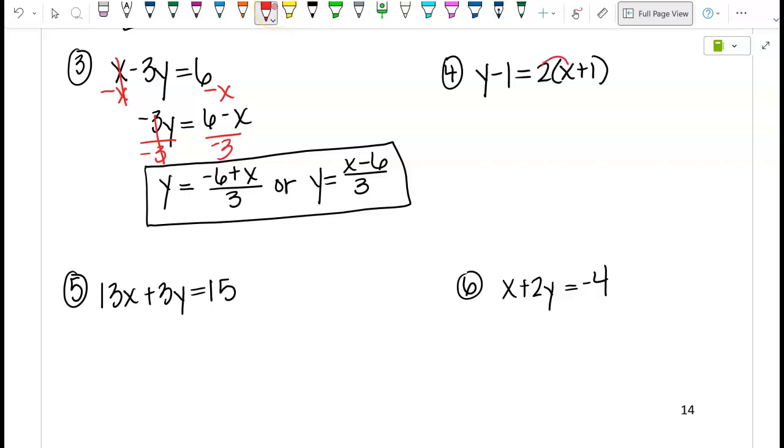Yeah, I need to distribute that 2 inside the parentheses first. So y minus 1 equals 2x plus 2. So Audrina, what is the next step here to solve for y? Add 1 to each side. So I'm left with y equals 2x plus 3.